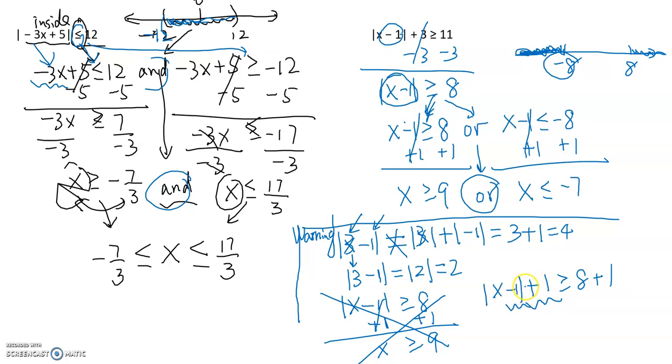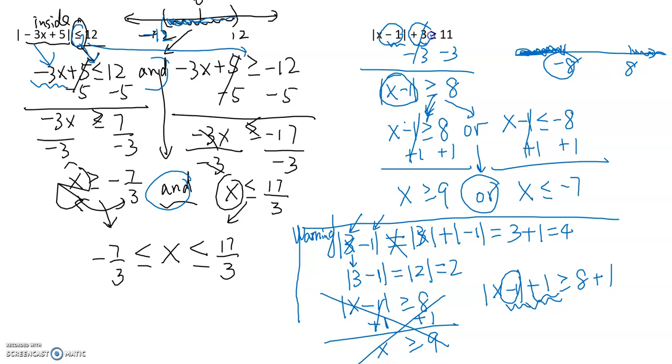You cannot say -1 plus 1, they cancel each other. That's incorrect. Because this number is inside absolute value, this number is outside absolute value, they cannot be added. Similarly, in this example, I cannot add a -1 and a +3, because 1 is inside, 1 is outside absolute value. They cannot be added.